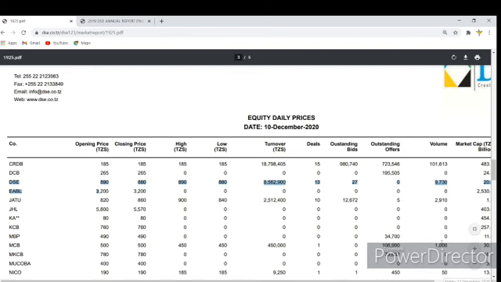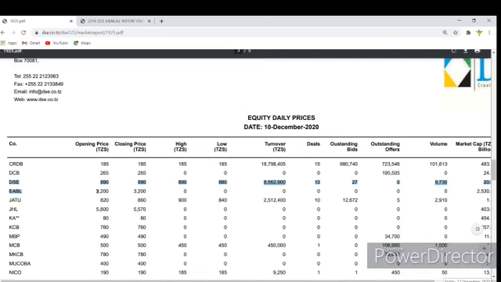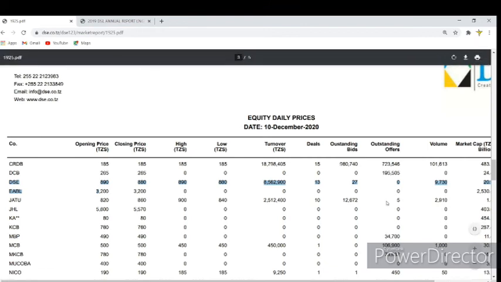Mind you, today is the 11th, but this is the report for the 10th, and the reports are usually given out by the DSE when the market is closed. Since the market isn't closed yet, we will not have the market report as of this particular time. So I'm just going to use the ones for yesterday, and we can see right here that DSE is highlighted, and we're going to use the closing price, that is, the price of each DSE share by the time the market was closing.